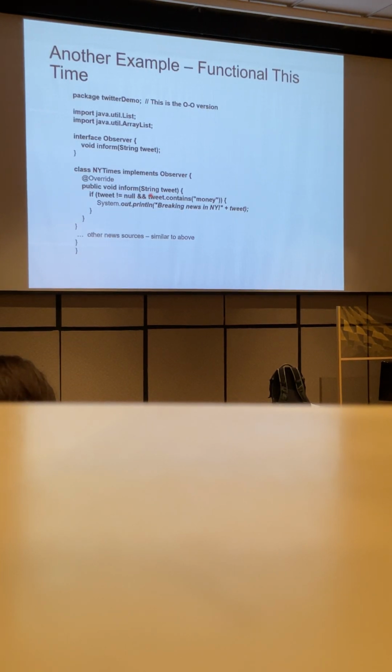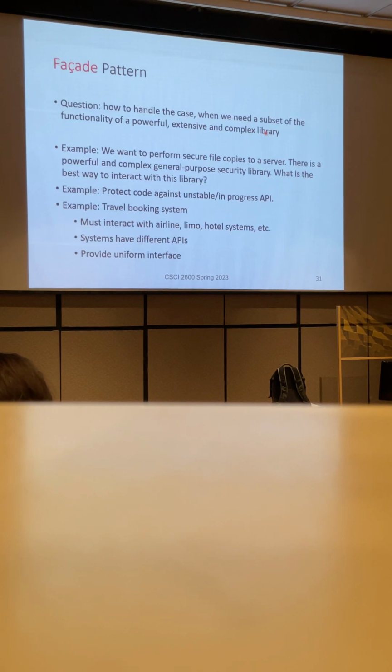And the functional implementation, let's keep it the same, just using the more recent functional approach to writing Java code, so we can skip that and go directly to our next pattern. It is called facade.